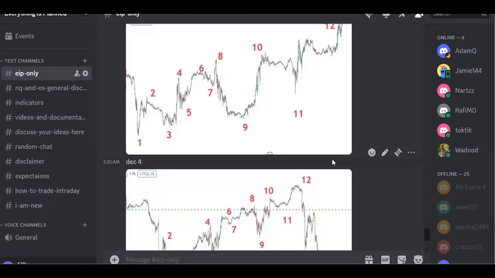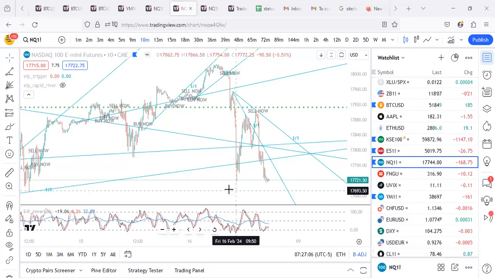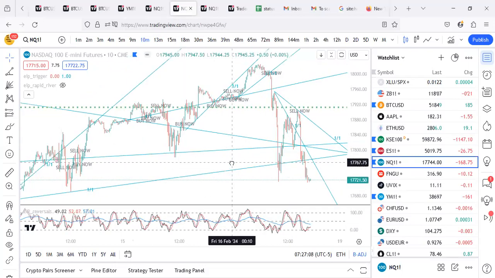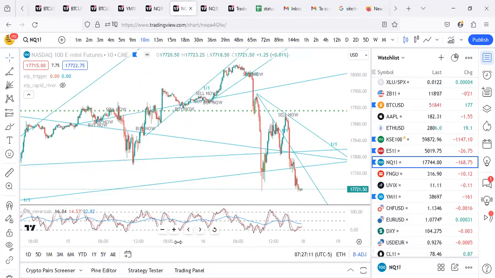Now, I will move on to discussing every piece of this up and down move that we could have traded using the indicator of EIP. So bear with me. This is the recent price action on Nasdaq, and we had this big move up as predicted by the fractal.